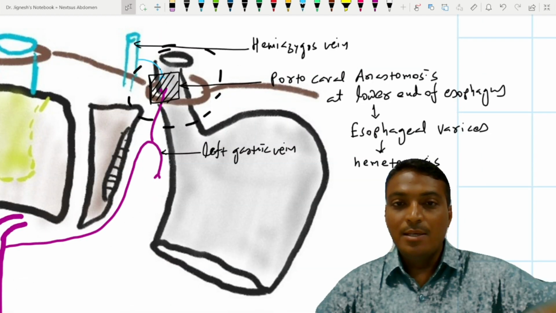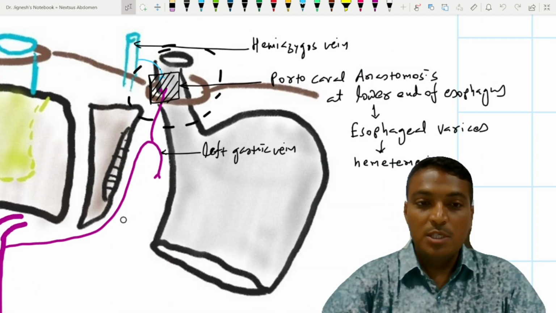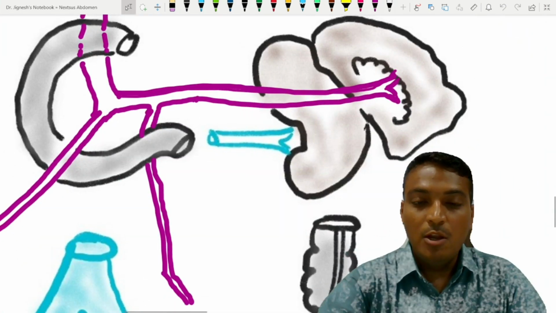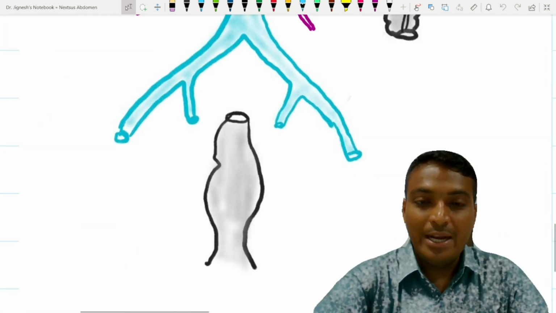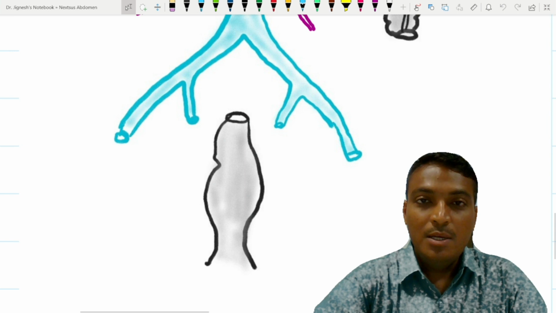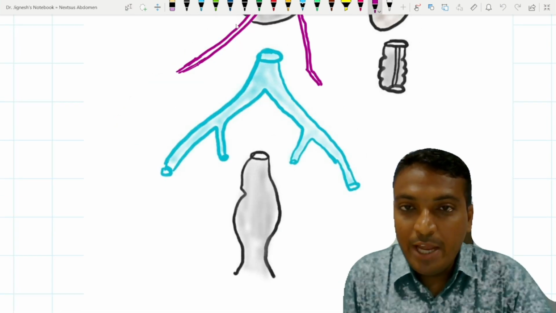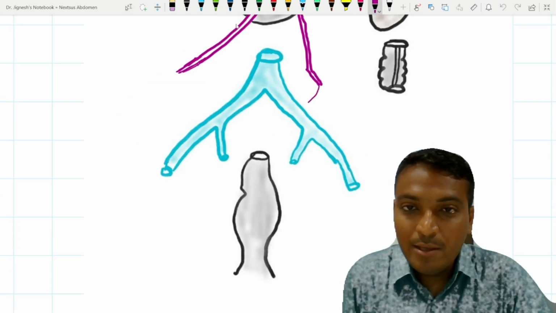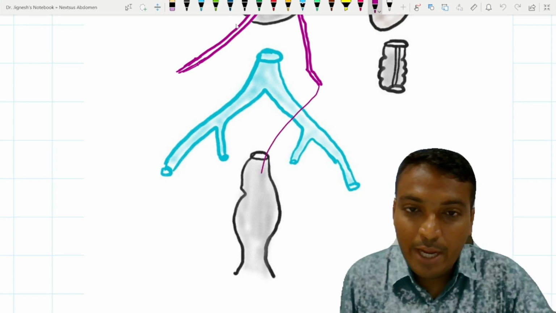Now, the second site where the portocaval anastomosis is present is at the level of the lower end of the rectum and the anal canal. The inferior mesenteric vein carries the blood from the superior rectal vein.